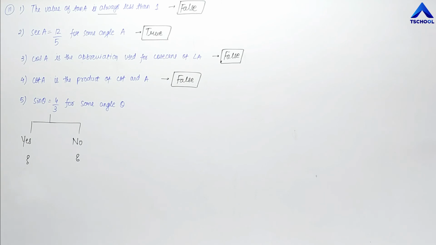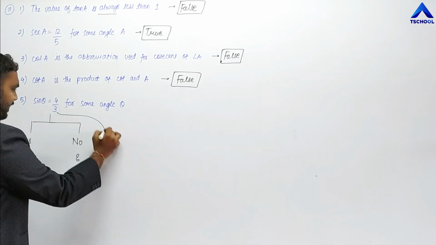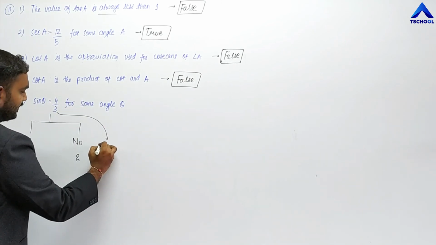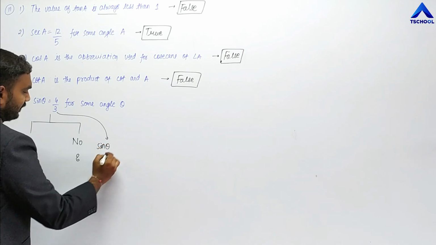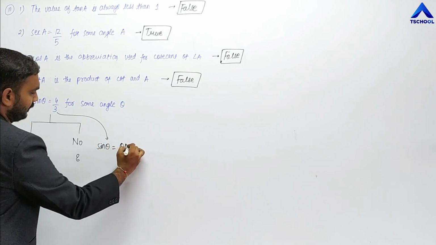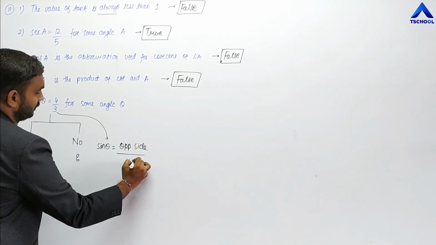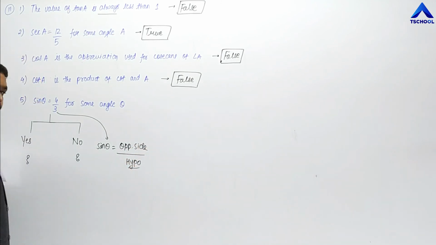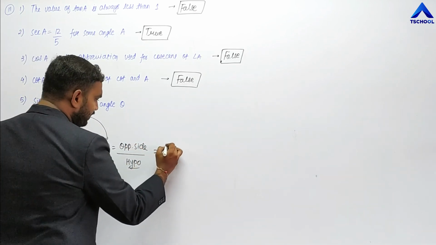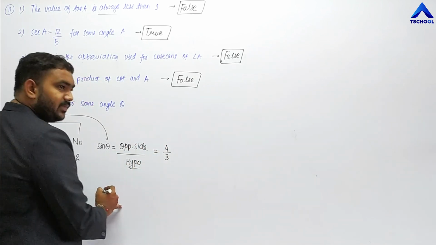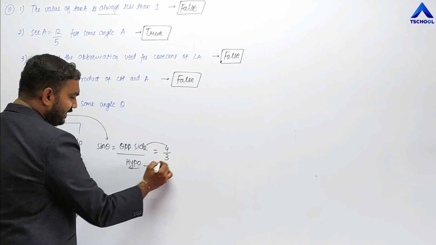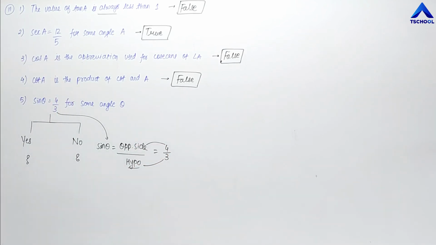Do you know what is the ratio for sin theta? Sin theta is equal to opposite side upon hypotenuse. The given ratio here is 4 upon 3. Is any of the sides greater than the hypotenuse? Can you draw a right angled triangle having a side greater than the hypotenuse?